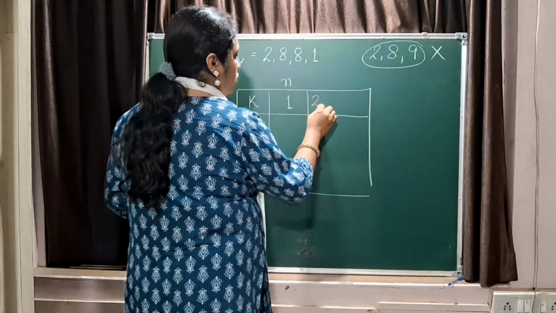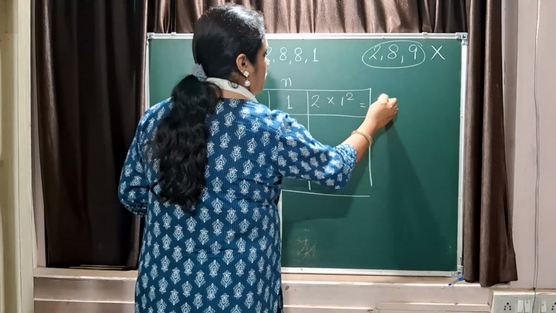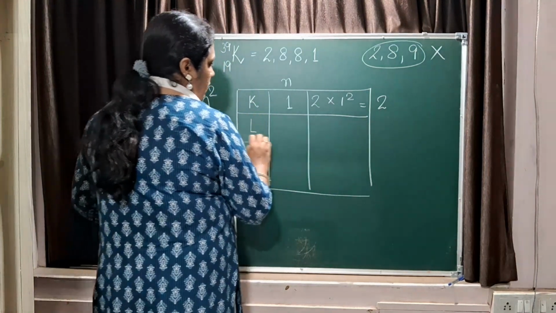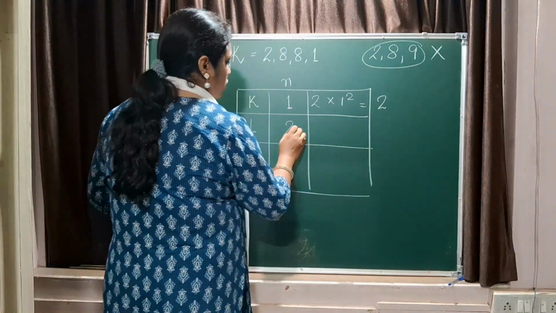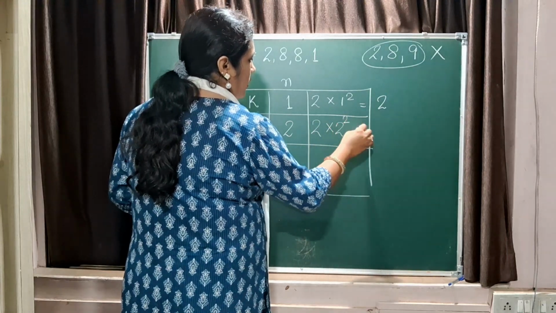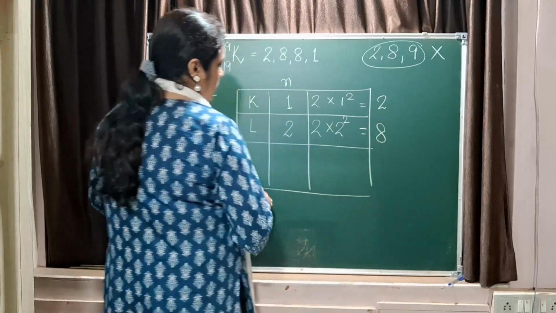So 2 into 1 square gives 2 electrons. The L shell, the n value is 2. So 2 into 2 square, that is 2 into 4, which is 8.